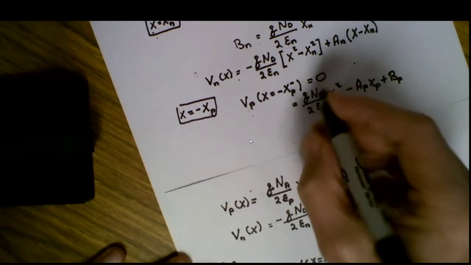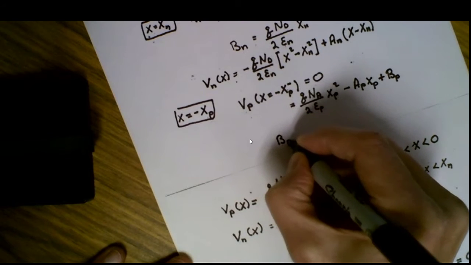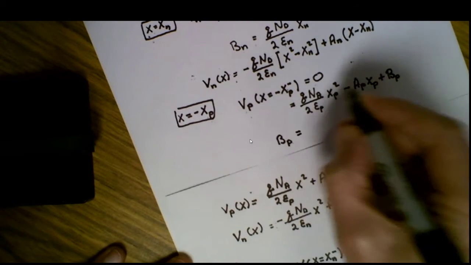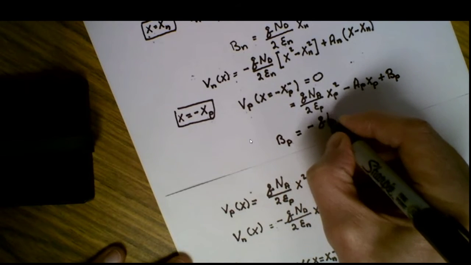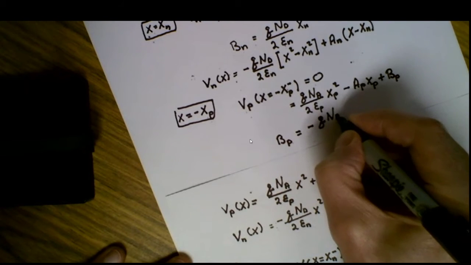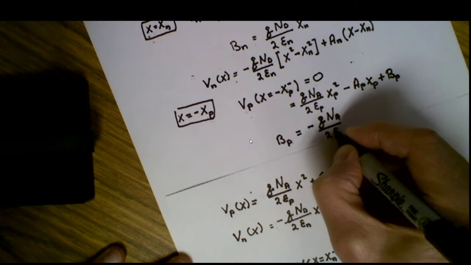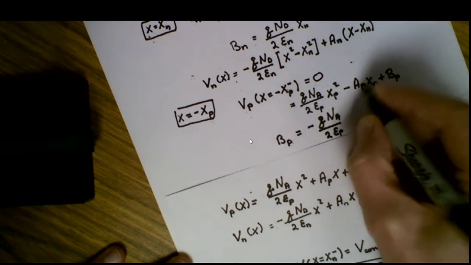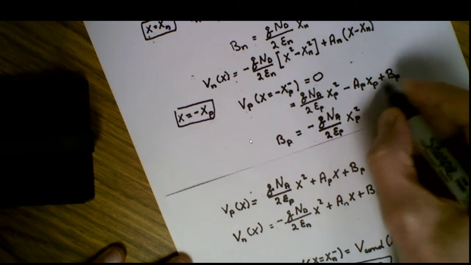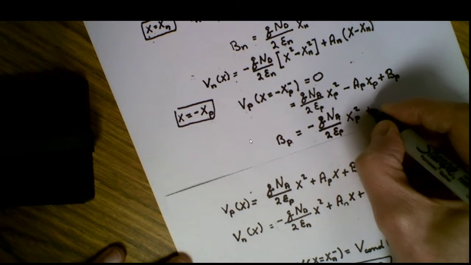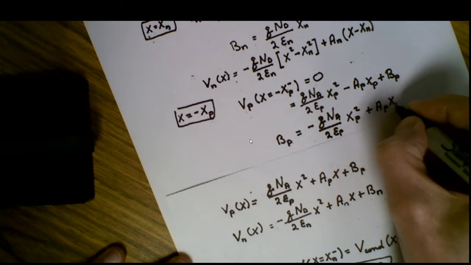Okay, solving for b sub p, this is going to be equal to minus q times the number of acceptors divided by 2 times the permittivity epsilon sub p times x sub p squared plus a sub p times x sub p.